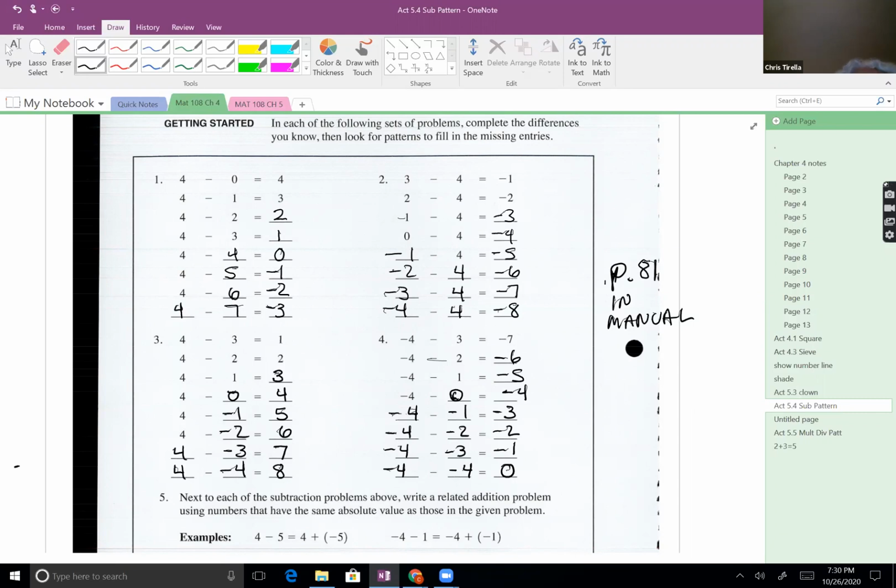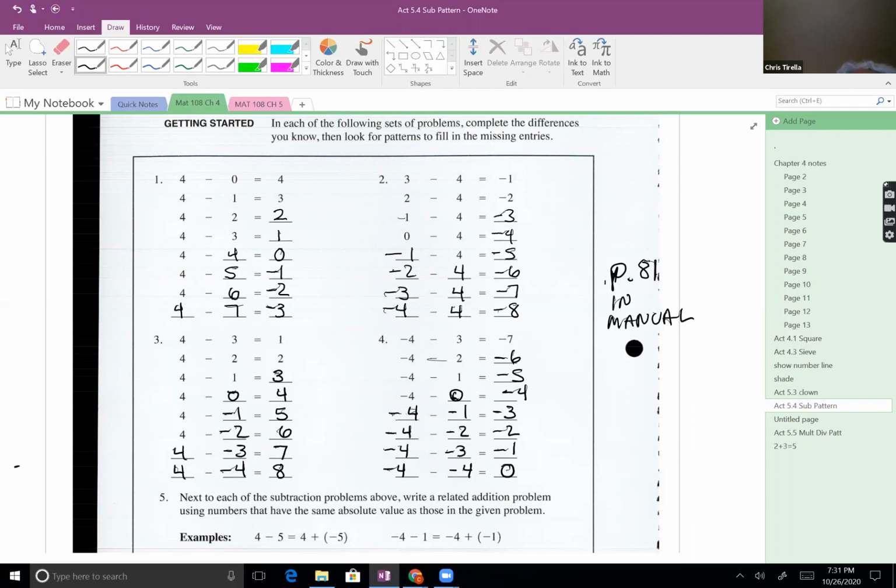How did I do? Are you folks getting the same results and the same patterns?